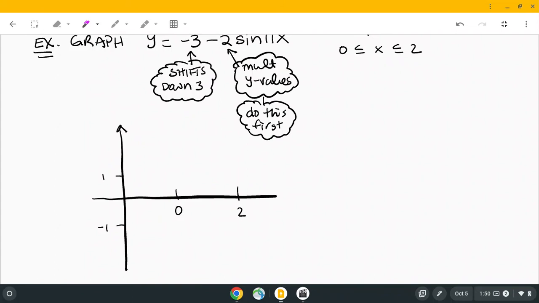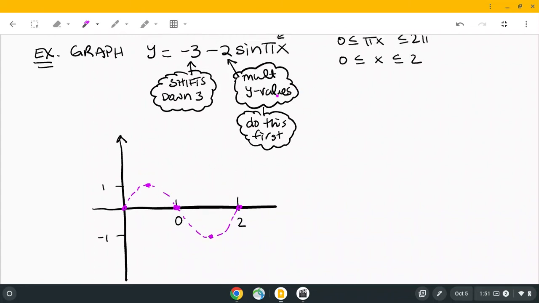All right, so my original sine graph has 0, 0, 0, halfway between here 1, halfway between here -1. Okay, so this is my basic sine x. All right, so now let's start doing all these fancy things to it.